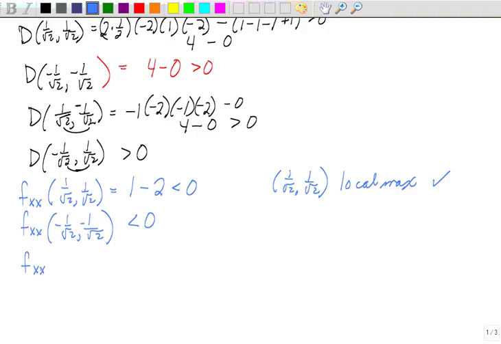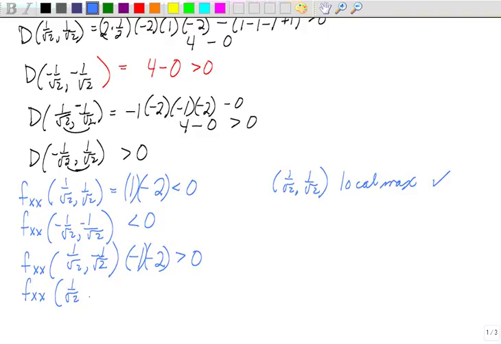Then f of xx at 1 over square root of 2, negative 1 over square root of 2, is negative 1 minus 2. This is times, which is still less than 0. But that's greater than 0. And same for this, again, because f of x has kind of symmetry in the equation. When x is equal to negative y, that's going to be greater than 0. So this says that that's a local max.